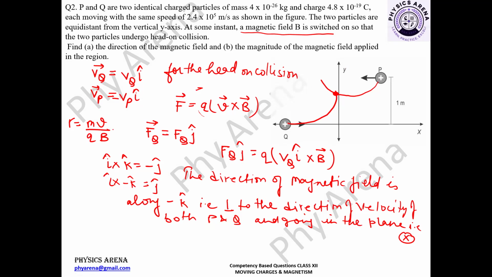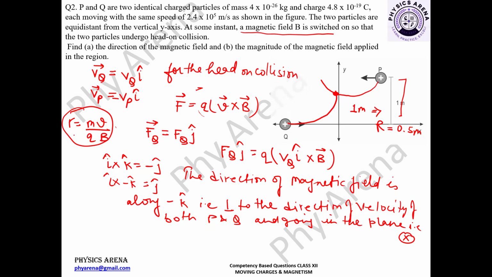And here, the radius of the path followed by each particle has to be equal to half of this height, because the distance between them is 1 meter, and they will undergo a head-on collision when they follow the trajectory on the circular path having radius r is equal to 0.5 meter. So we can use this formula to find out the magnetic field B.